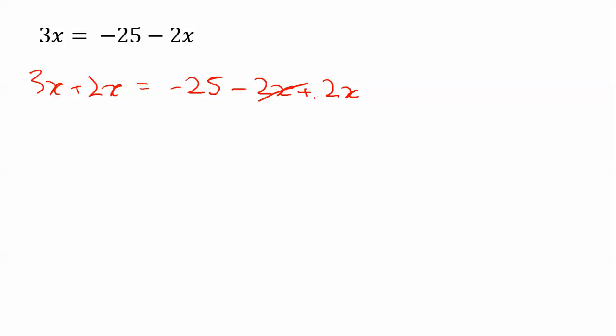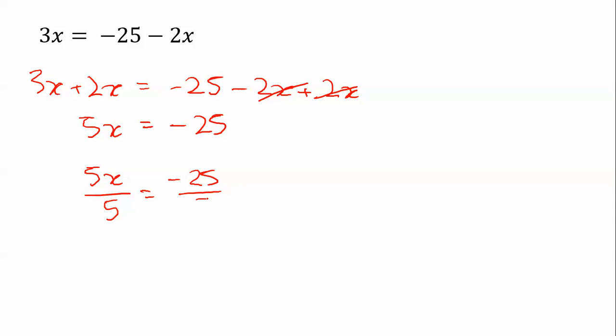So those two cancel out. I've got 5x on this side, and I've got minus 25 on this side. So what I'm going to do on both sides is I'm going to divide them both by 5. So it's 5x divided by 5 to get it back to x, minus 25 divided by 5. So x equals minus 5.